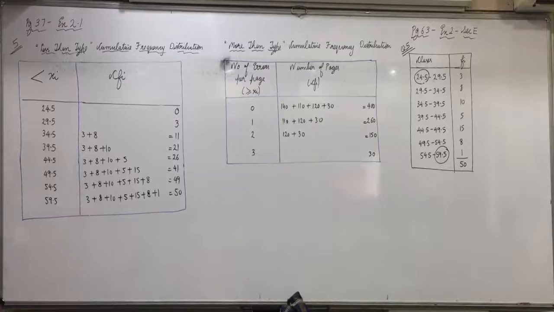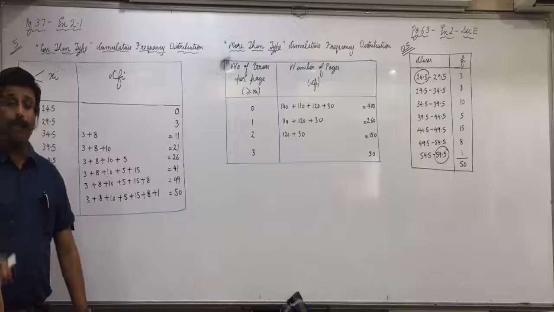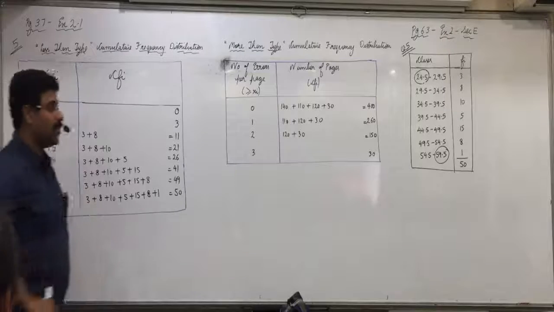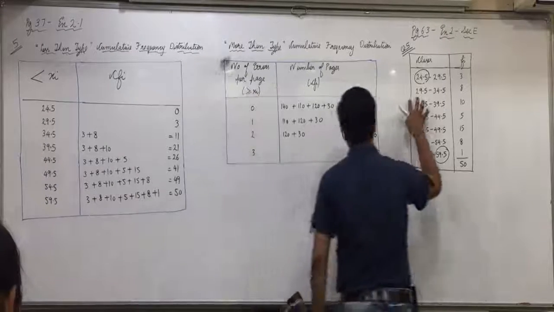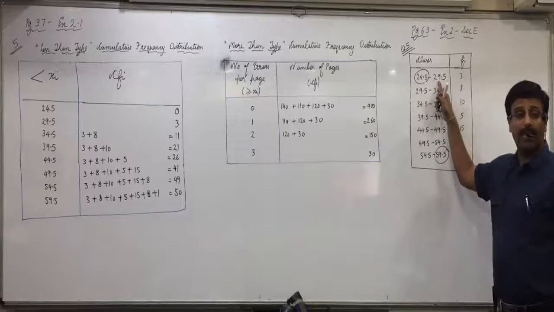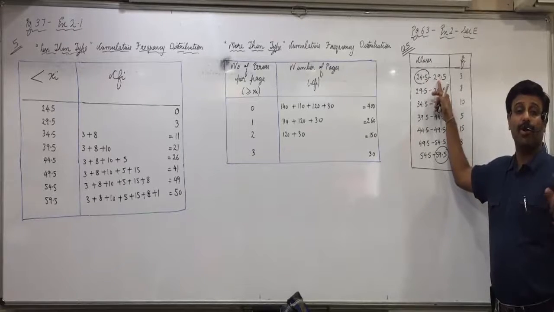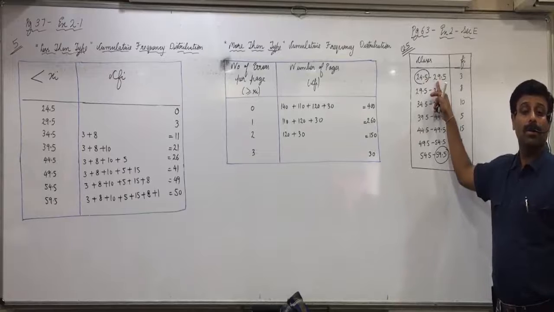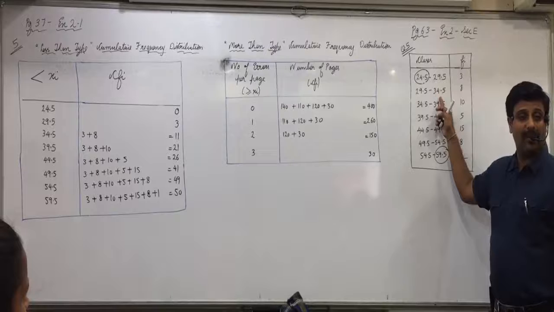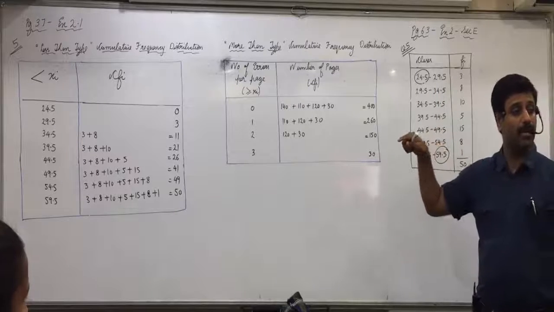Yes. Now, once again I explain what I did yesterday. Why we don't use the sign of equal to. First of all, is this inclusive or exclusive? So 24.5 to 29.5, does it include 25 point or not? Yes. And 29.5 to 34.5 also includes 29.5.